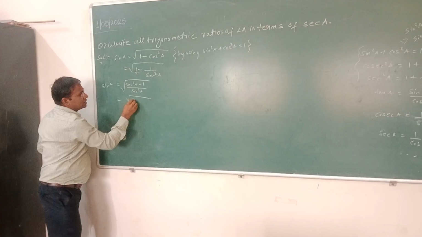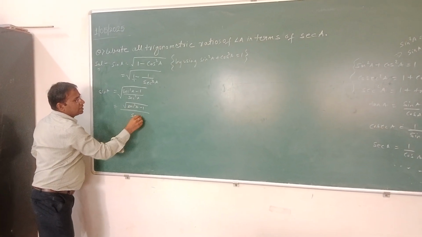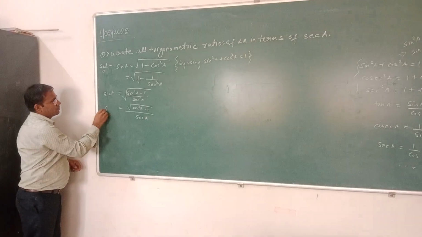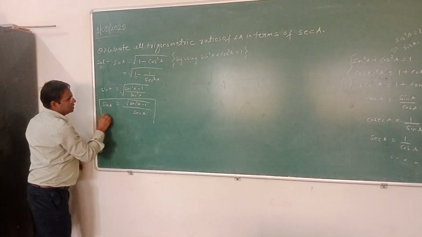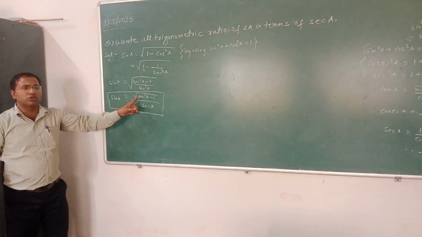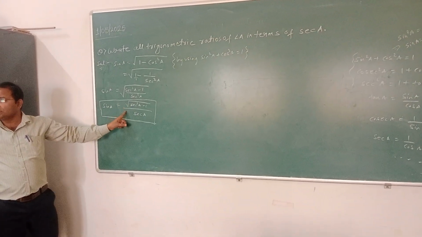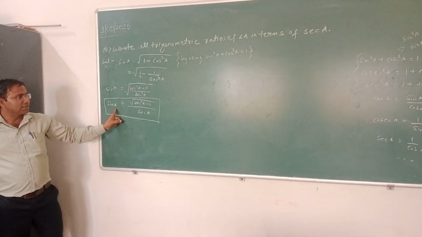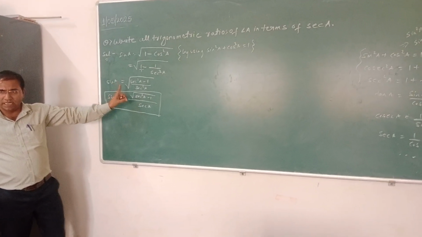Square root of sec square A minus 1 upon sec A. So sin A is equal to square root of sec square A minus 1 upon sec A. In this way you will write sin A in terms of sec A.